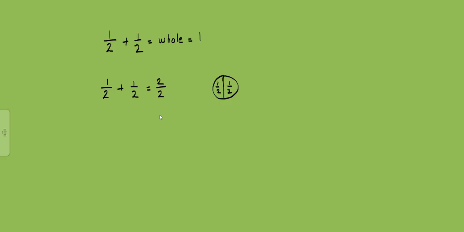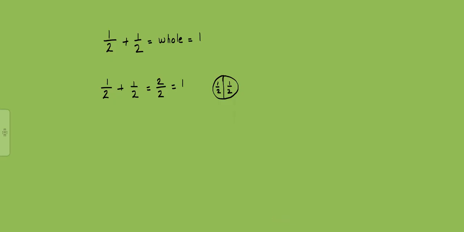So we can write it like that, and then it's quite clear to see that by eating those 2 halves, what we've actually done is eaten 1 pizza. So 2 out of 2 equals 1.